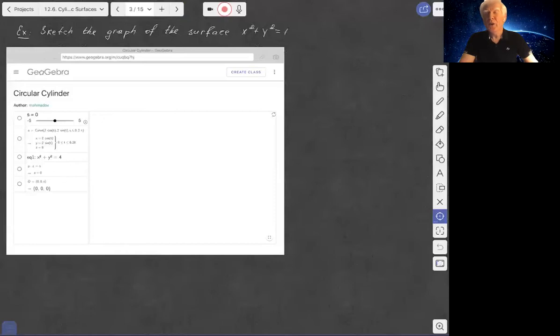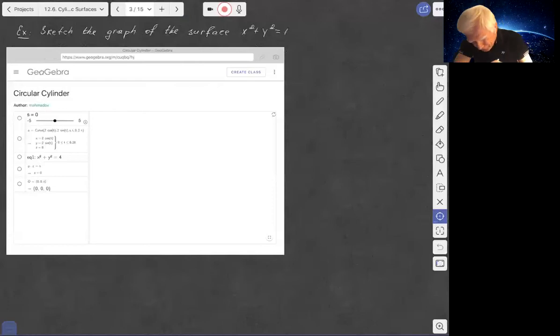When z is 1, you get the same circle, but a little bit higher, sitting on the plane z equals 1. When z equals -3, it's the same circle, but sitting on the plane z equals -3. So by changing the value of z, you get different circles that have the center on the z-axis, and all of those circles put together give you a cylinder.